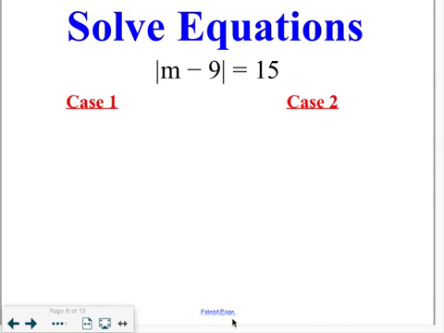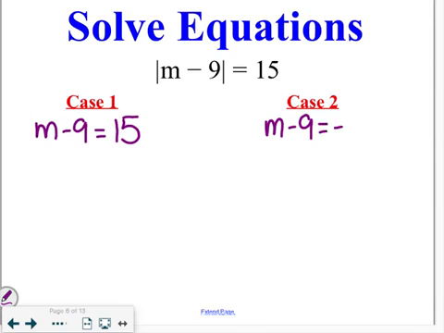When we are doing this, we have two cases. Your first case is going to be the expression as written. So your first case, we're looking at m minus 9 is equal to 15. Your second case with absolute values is m minus 9 is equal to negative 15.